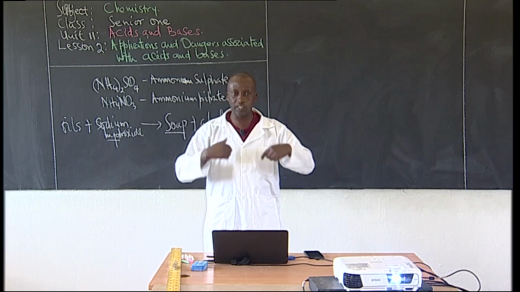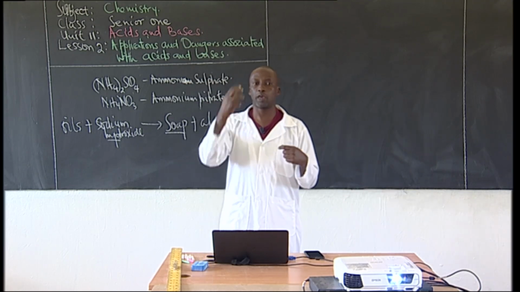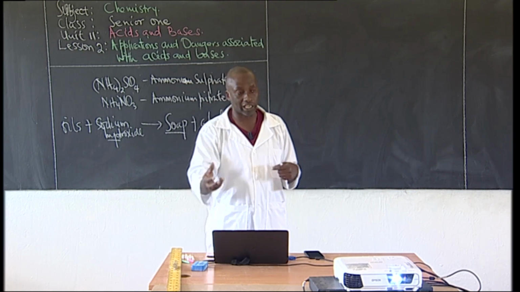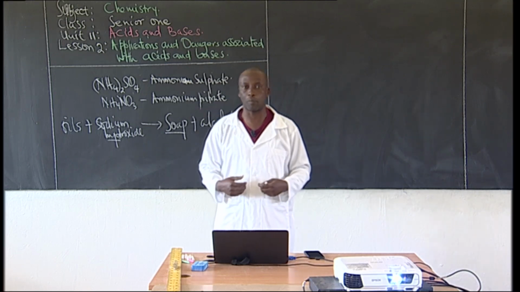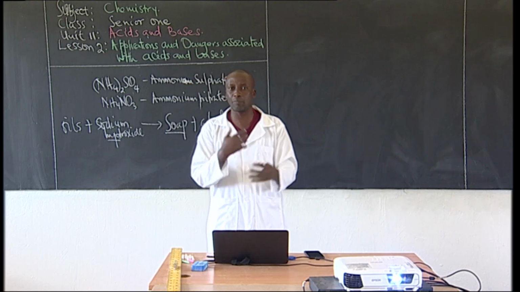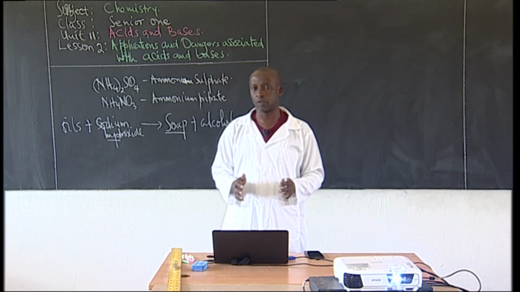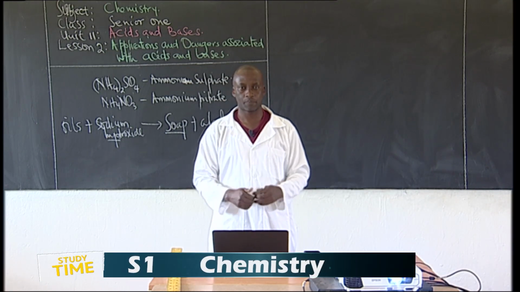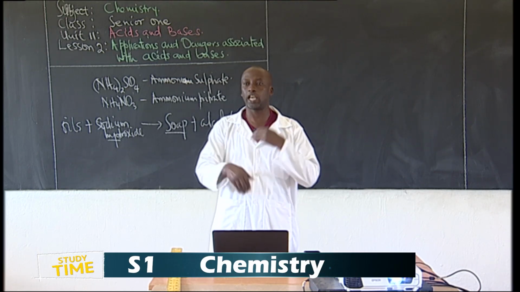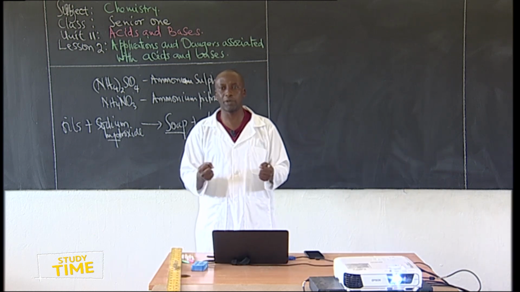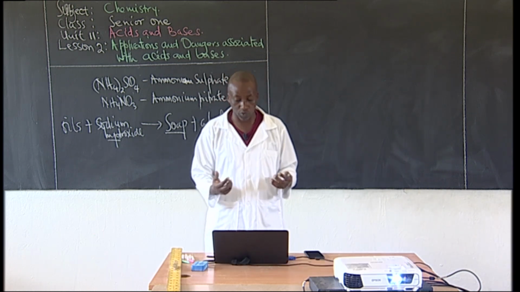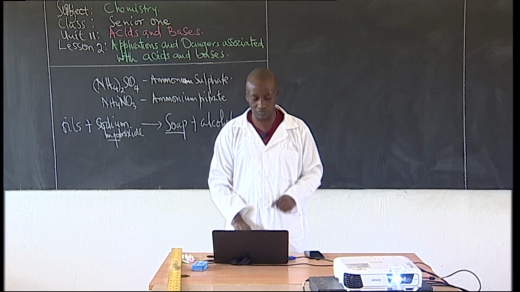Those microorganisms that may be swallowed with food can be killed by this hydrochloric acid in the stomach. And it also provides the medium under which the enzymes, which are catalysts, work to help in the digestion of the food, breaking down the food. So that is very important.